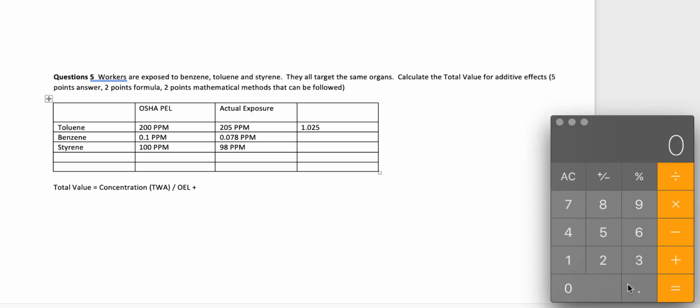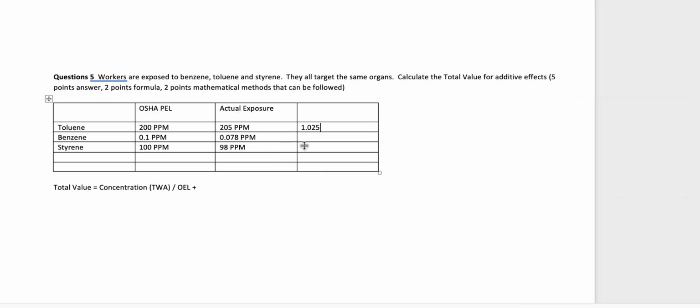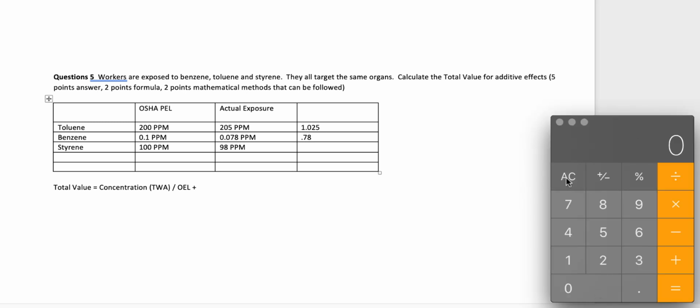The next one, the actual exposure was 0.078, and I divide that by the allowable. So I'm 78% of the occupational exposure limit on benzene. Now for styrene, 98 divided by 100.